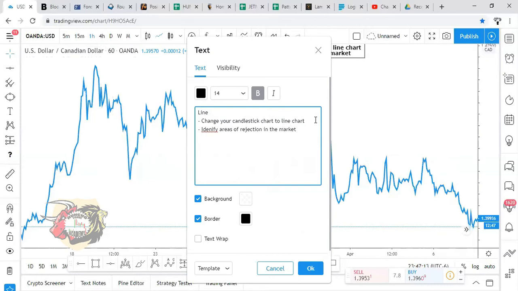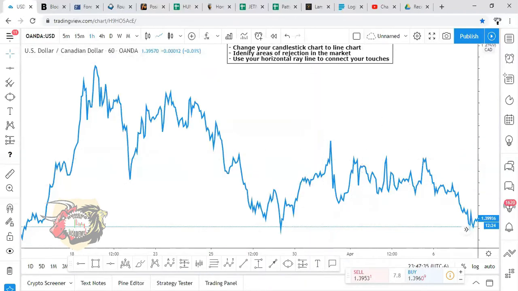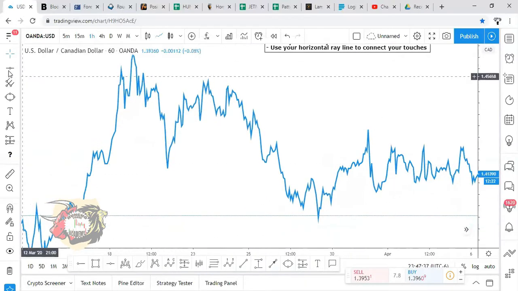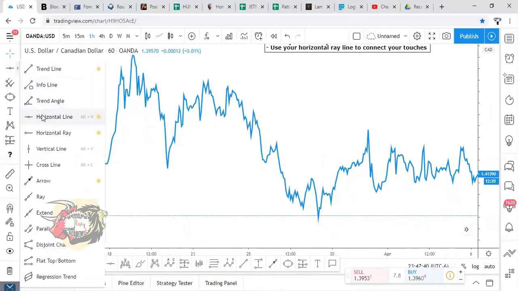Then the next step is to use your horizontal ray line to connect your touches, right? So this is what I'm going to do. This is my horizontal ray line here.